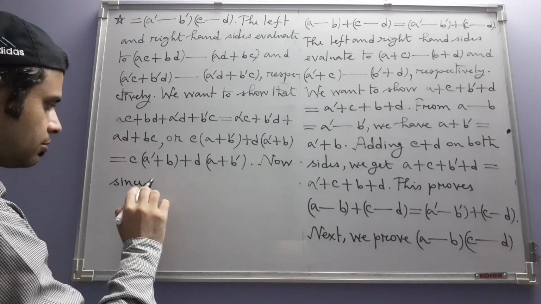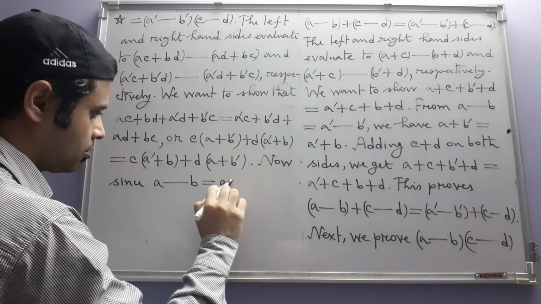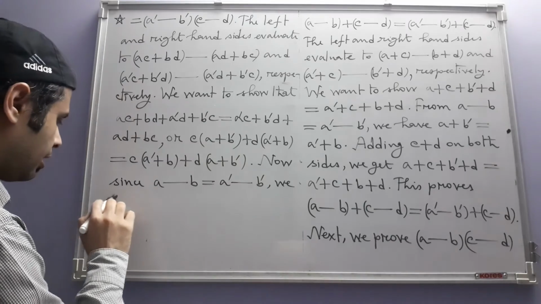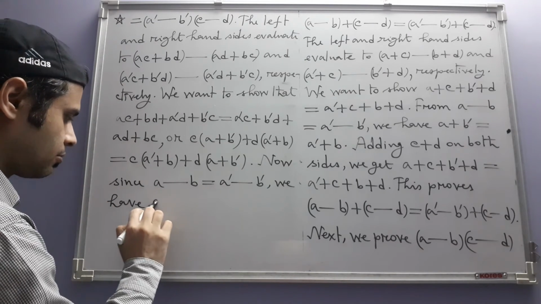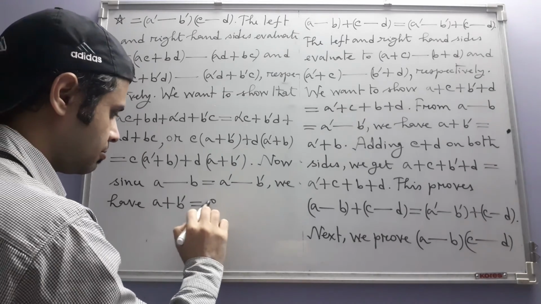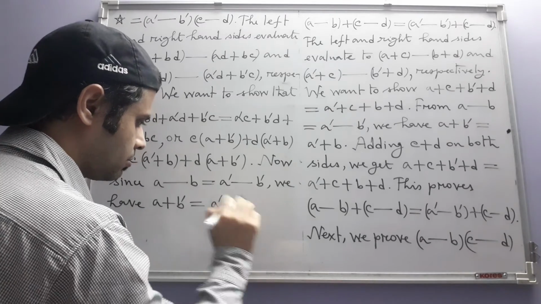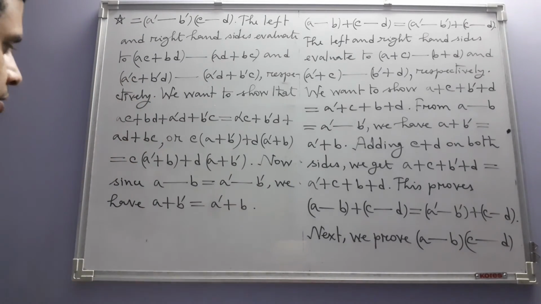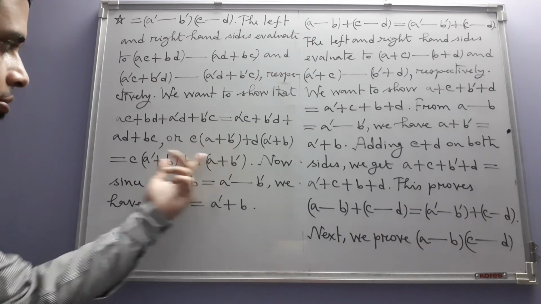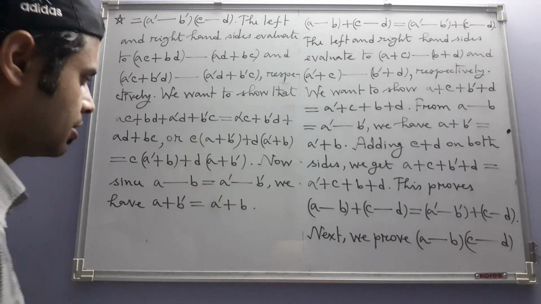Okay, now since we have a plus b prime is equal to a prime plus b, so that's it. You multiply this once by c, once by d, and you can see from this equality itself that these two things are equal.